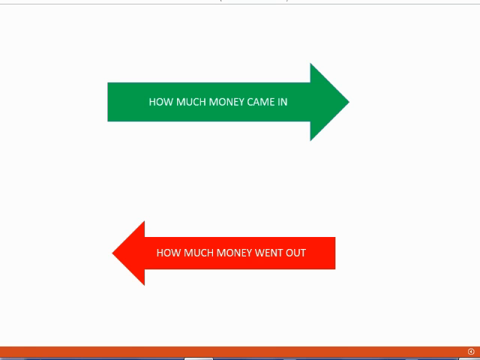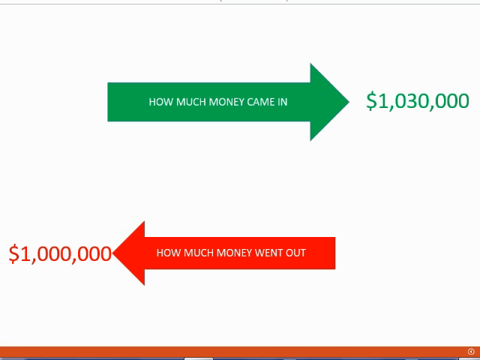For example, let's imagine that the money that came in to Holden from customers was $1,030,000.